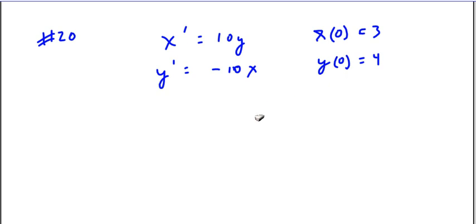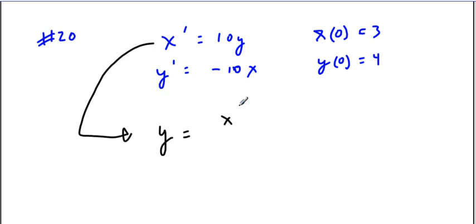Okay, so I'm going to take the top equation and say that y is equal to x prime over 10. And then y prime is going to be x double prime over 10.